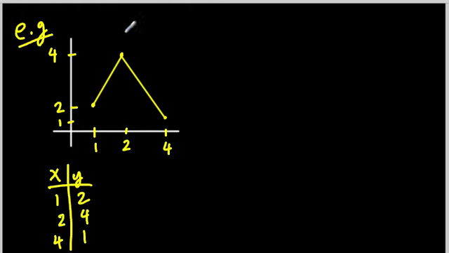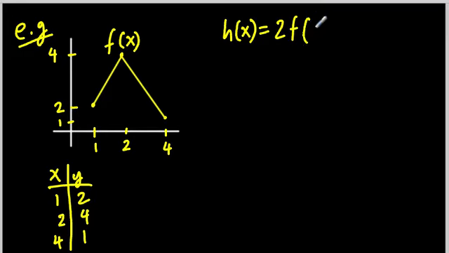All right. And I'm going to call this function f of x. So you're given all this information, and you're also told h of x is equal to 2 f of x plus 1 minus 3. So this is all the information that you've been given as part of the question.